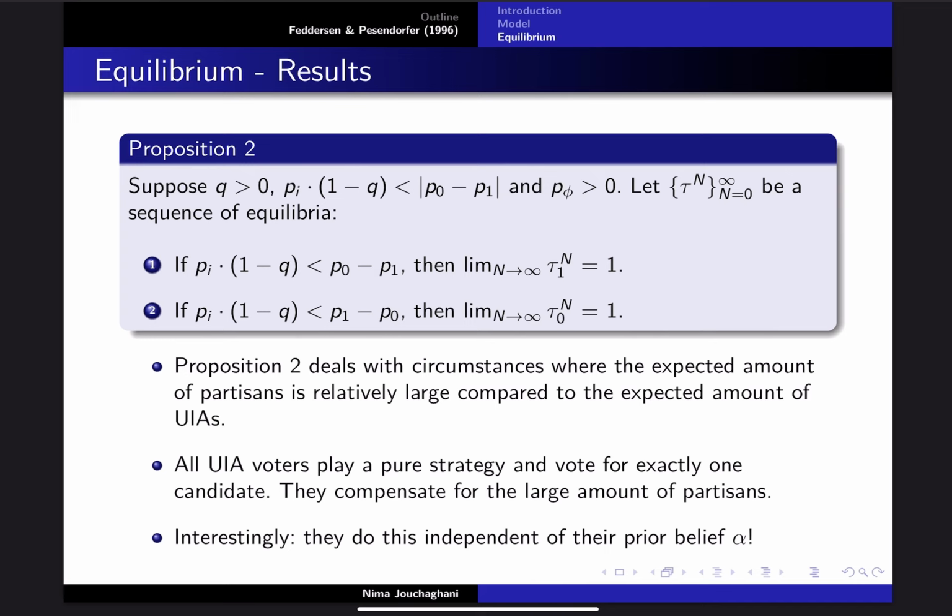So suppose, this is proposition 2, suppose that these conditions hold, which are basically saying that we have informed individuals, and it's also saying that the mass or the number of independent uninformed agents is relatively small compared to the mass or the number of partisans in the model.